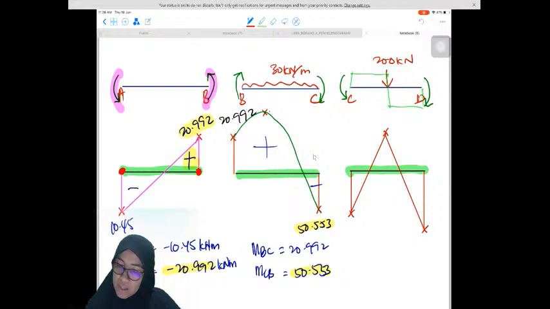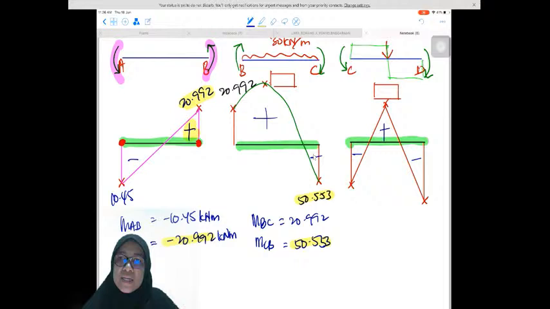So this is negative, positive, negative, positive, negative. The value is, so MDC is negative 50.553, and the last value is 87.24.